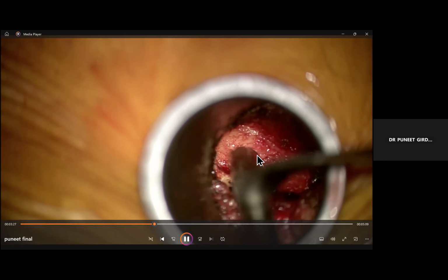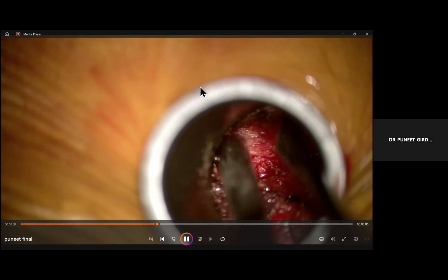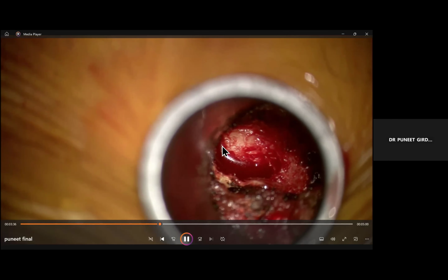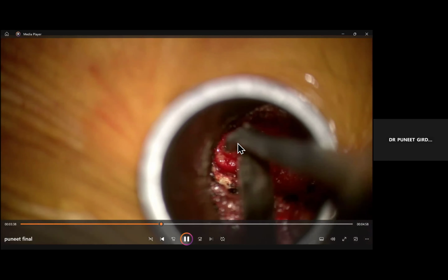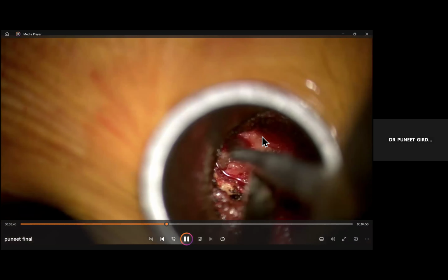So the next step is to take off the ligamentum flavum from the proximal attachment. Either you can use a small curette, or I do it with a dissector itself, like in this case. And then I use a small Kerrison, a number 2 Kerrison or a number 1 Kerrison, to peel off the ligamentum flavum from either side.